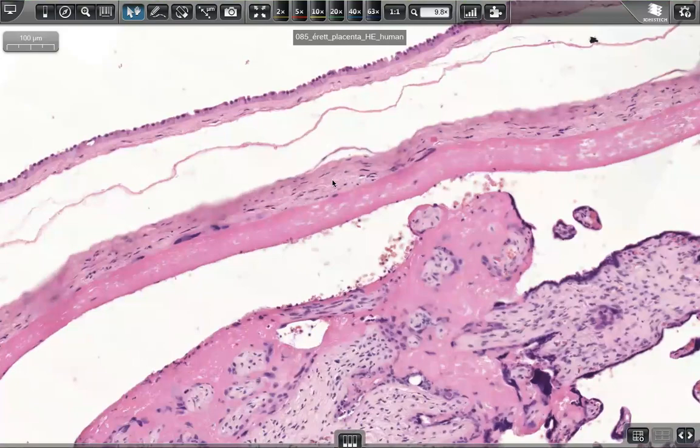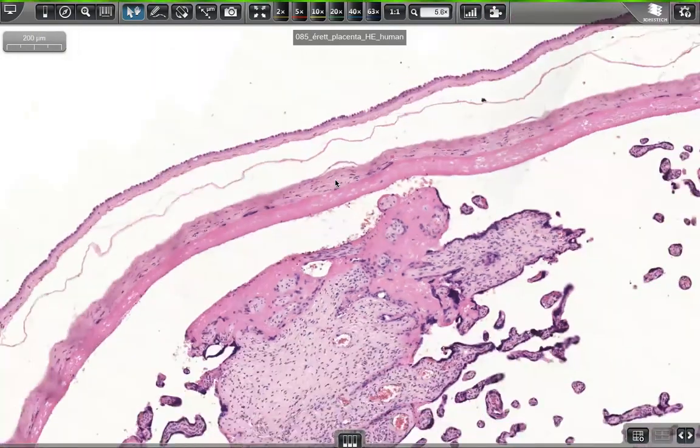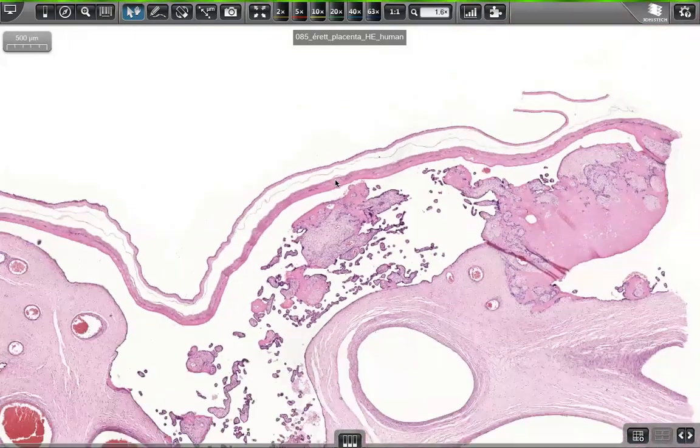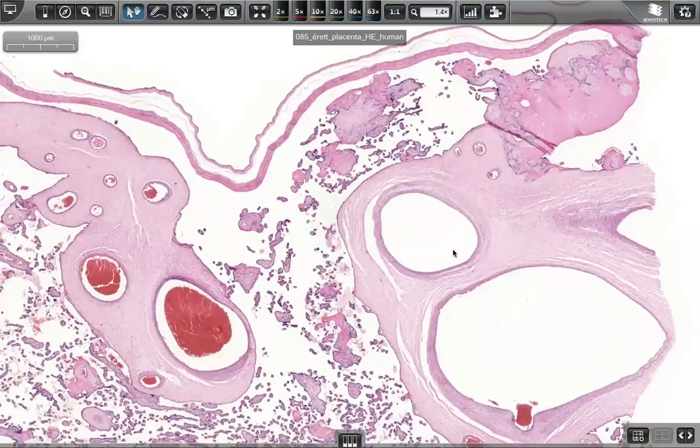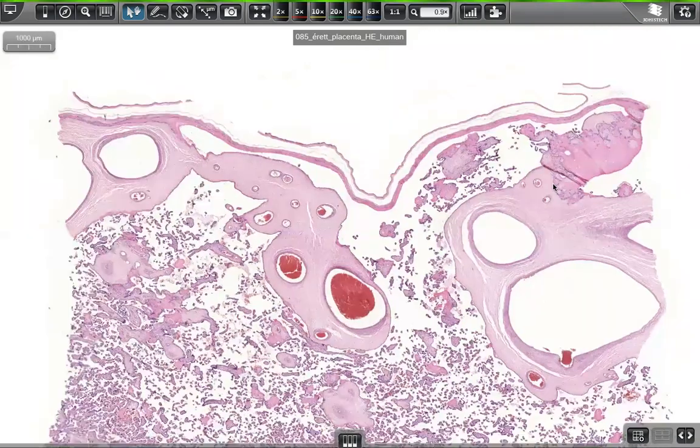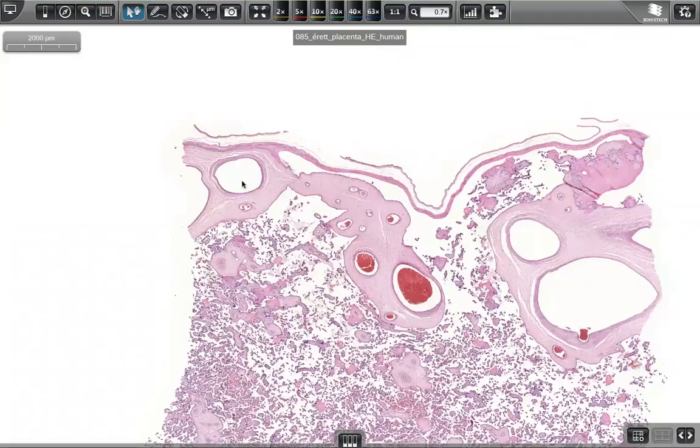That is an artificial gap. And then the next layer under it, representing these fetal vessels, the umbilical arteries, veins, this area is called the chorionic plate. This is the chorionic plate.